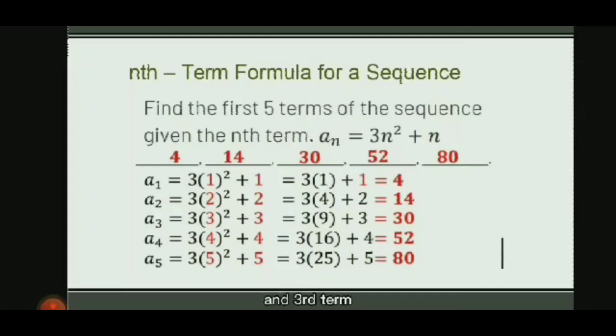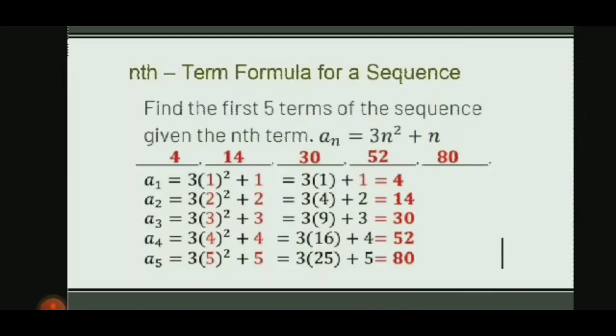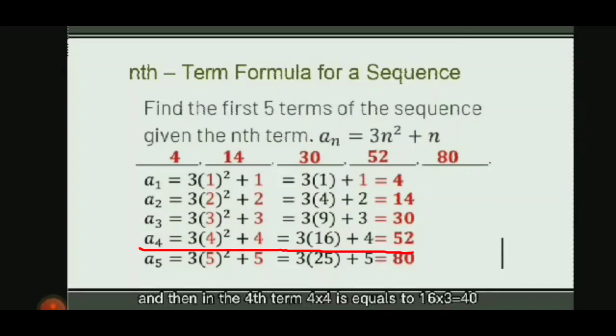Then the third term: 3 times 3 is 9, times 3 is 27, plus 3 is equal to 30. And then the fourth term: 4 times 4 is 16, times 3 equals 48, plus 4 equals 52.